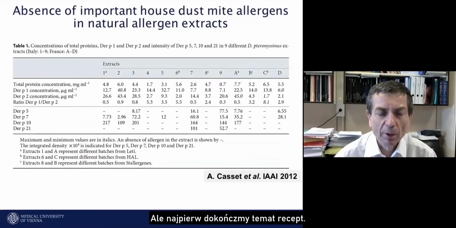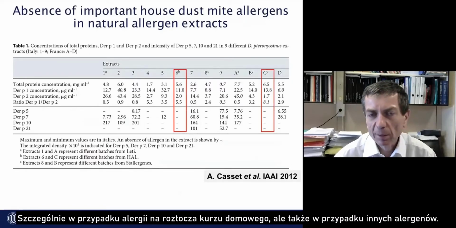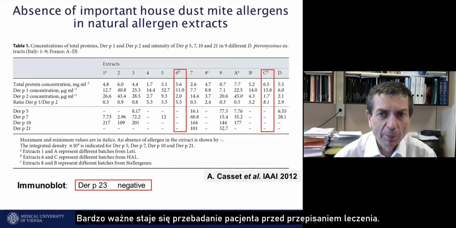But let's stay now with the prescription. Now, especially in house dust mite allergy, but also in other allergen forms, it becomes very important to test the patient before prescribing the treatment.